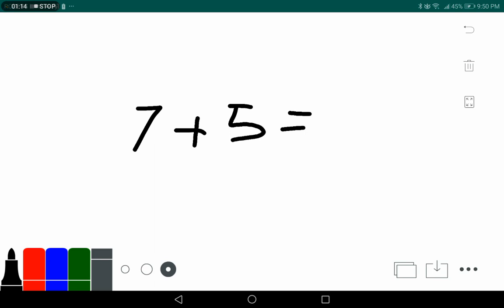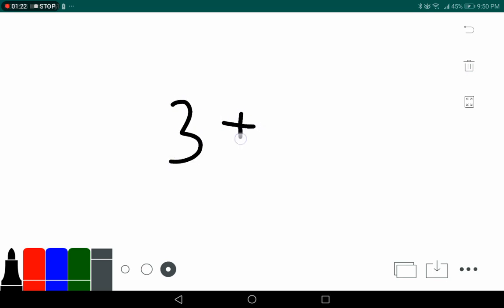And 1, 2, 3, 4, 5, 6, 7 equals 12. How about 3 plus 2? 1, 2, 3, 1, 2, equals, guess what? 5.